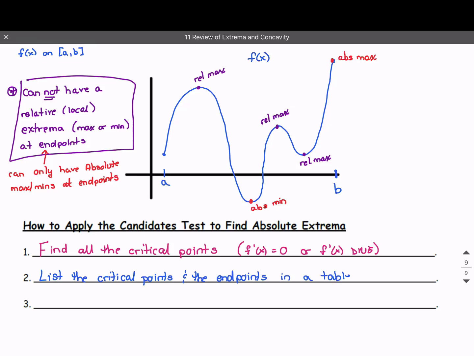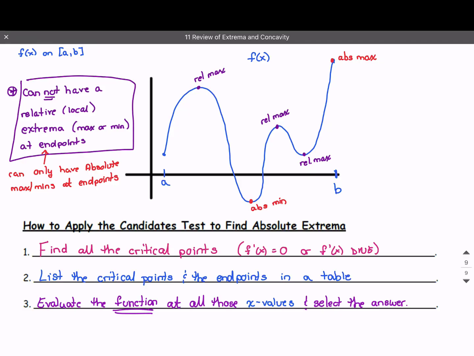You don't have to use a table, but it's a nice way to organize things for yourself. And then you're going to evaluate the original function at all those x values you found in the step above, and select the answer. Whether you're looking for the max, you take the biggest value. If you're looking for the min, you take the smallest value.